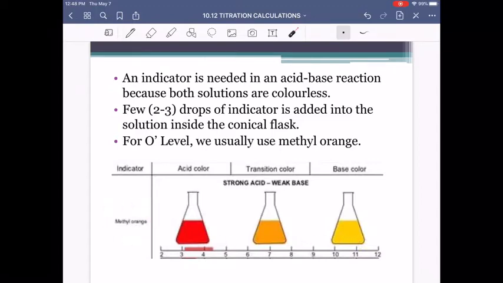For methyl orange, your acid color is red, your base, which is the alkali, is yellow, and the middle color, neutral at 7, is orange. Just remember it like your rainbow colors: red, orange, yellow.